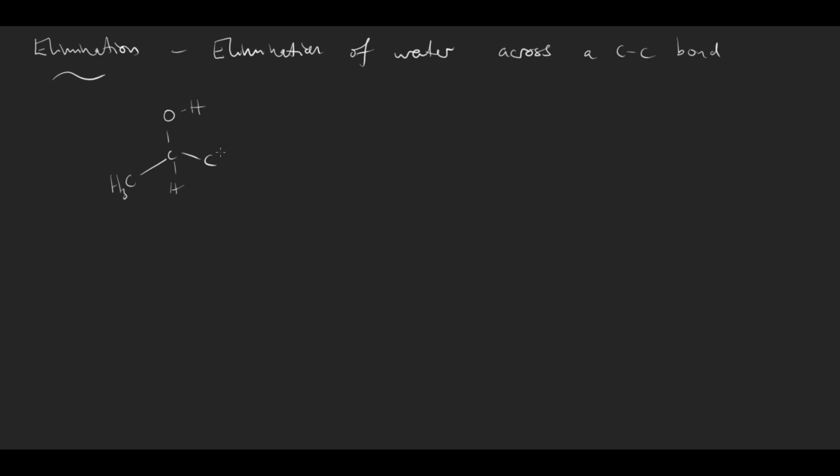If I add an acid catalyst again, then I am left with carbon double bond to carbon, CH3 down here, CH here, H. So you can hopefully see from that that what I've done is I've lost H2O, which obviously is water. And I'm left with the alkene product.